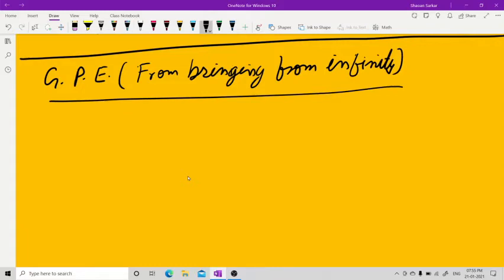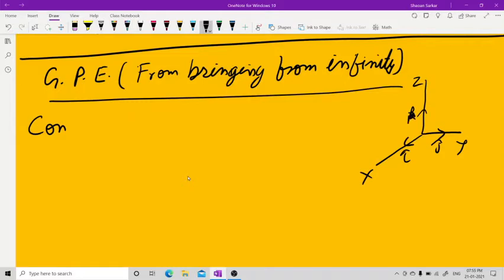Now let me write down the theory for you, and this has to be written completely. Let us consider this situation first. Before I consider anything, let me tell you, this is our x, y, and z axis. In this direction, it is i cap, j cap, and k cap.